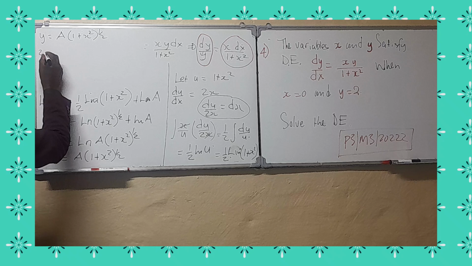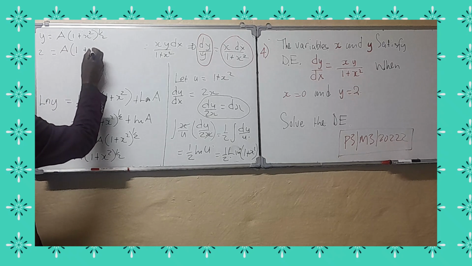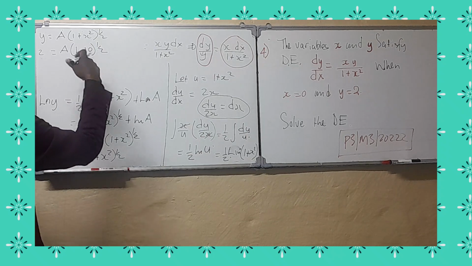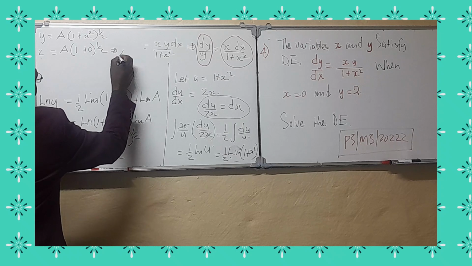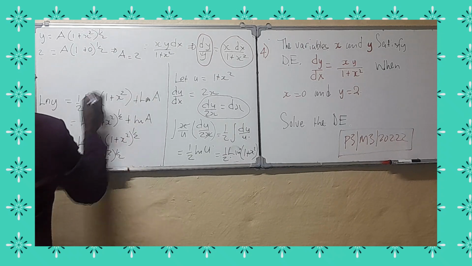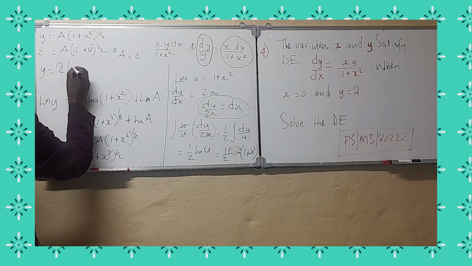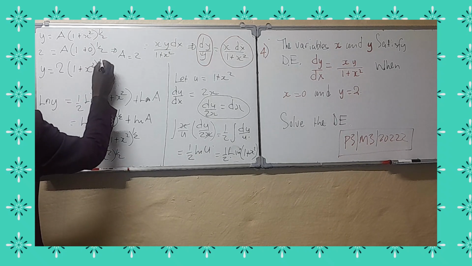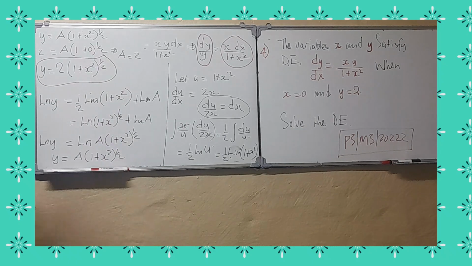We have 2 is equal to a multiplied by 1 plus 0 all raised to the power half. Of course, 1 to the power half is just 1. So this implies that a is equal to 2. Therefore, y is equal to 2 bracket 1 plus x squared all raised to the power half. This is y as a function of x.